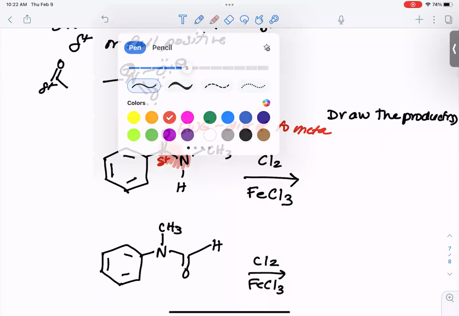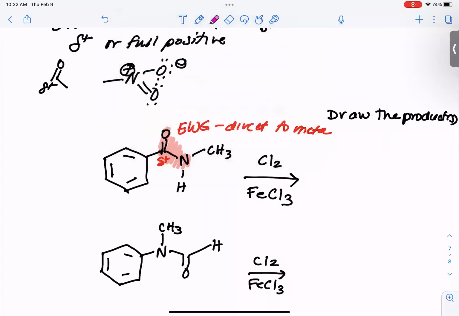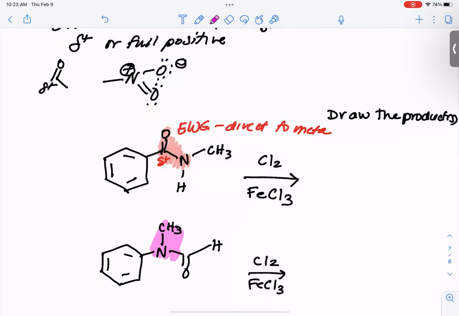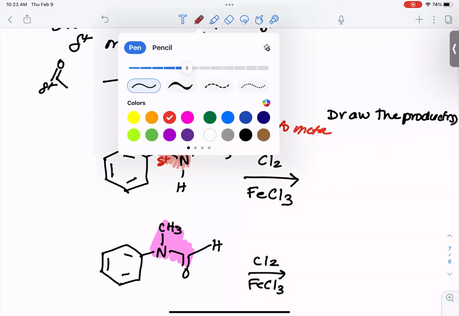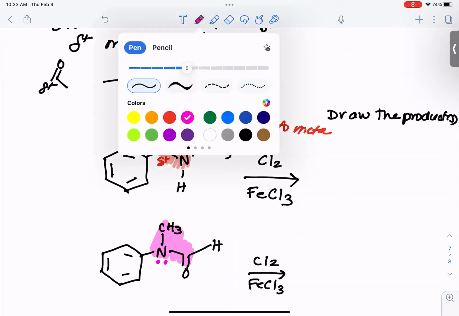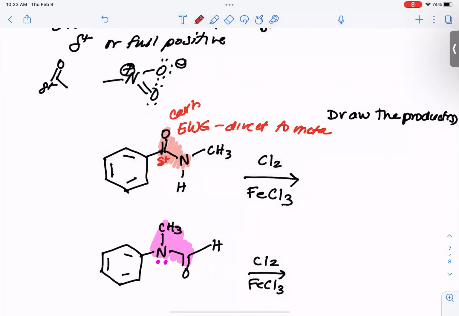If you look at the example beneath it, you have a lone pair on that nitrogen. Okay, so in both cases, we have amides attached to these benzene rings. In one orientation, it's the carbonyl.